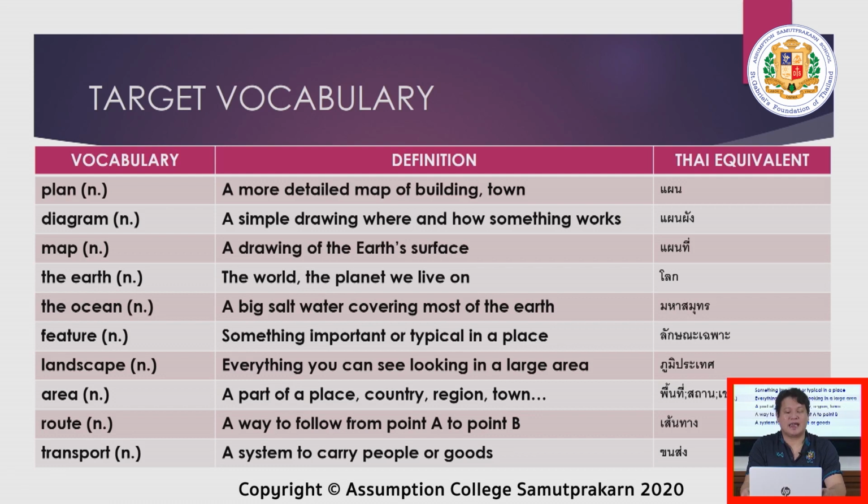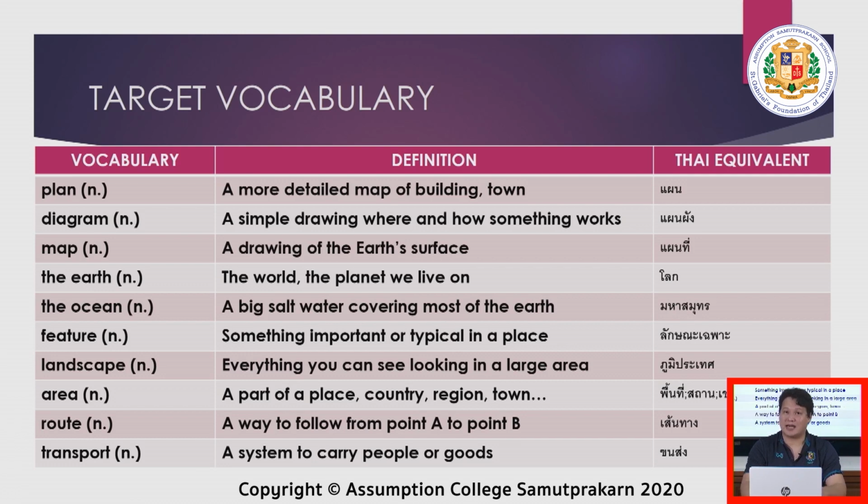Landscape. It is everything you can see looking over a large area. It's like when you go on top of a mountain and you see everything there, that is the landscape. Area. It is a part of a place, country, or region.